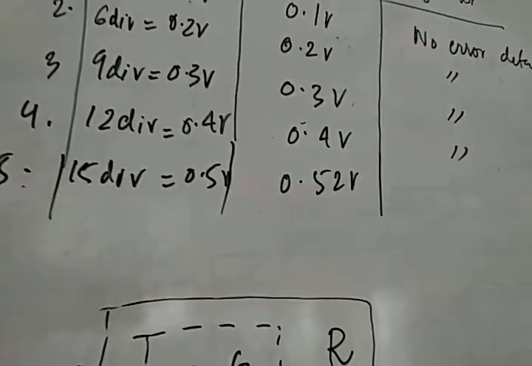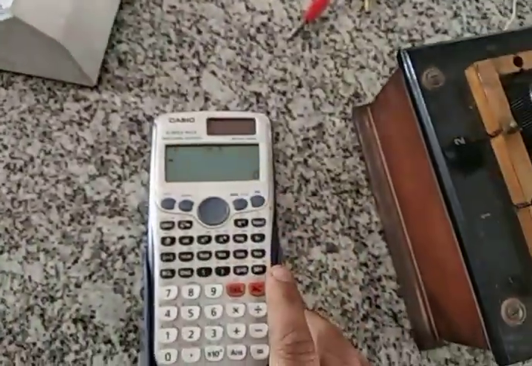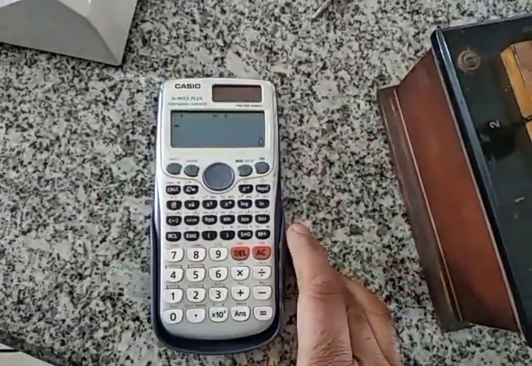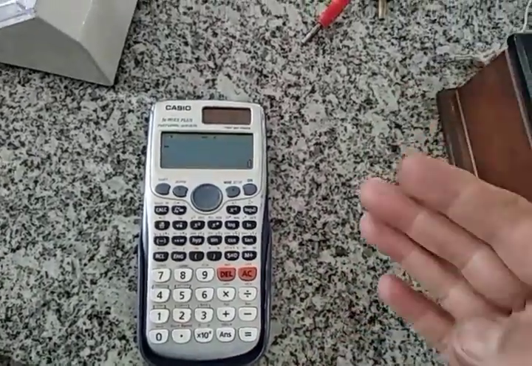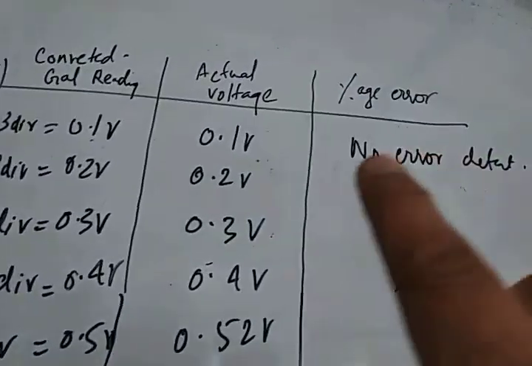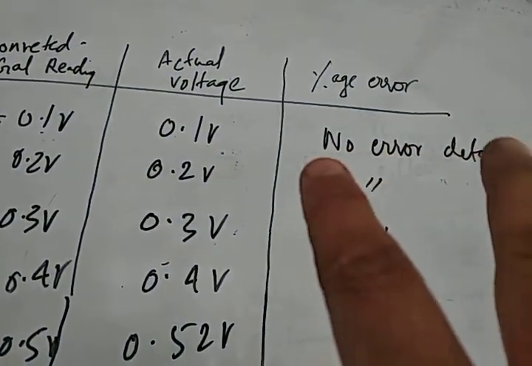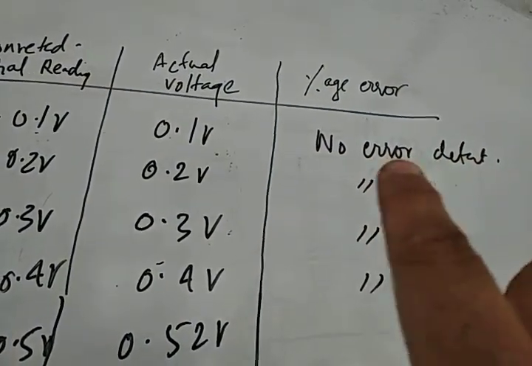You can calculate the percentage error in measuring 0.5 volts. The higher the voltage you are trying to measure, the more the error accumulates. There would be a small error, but it's undetectable.